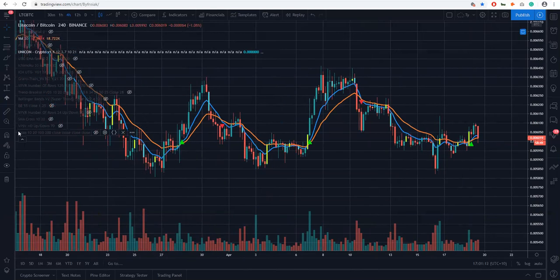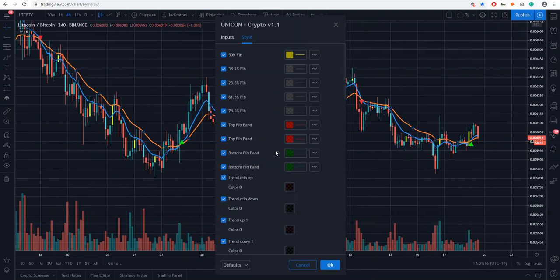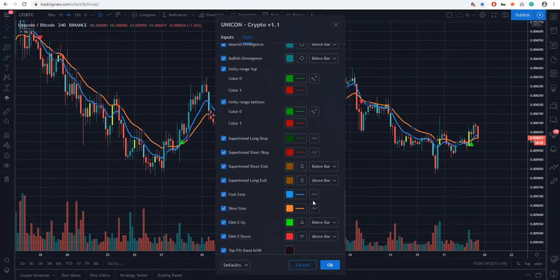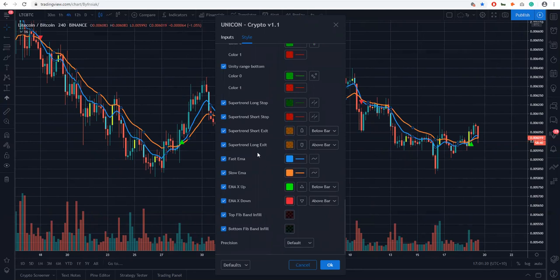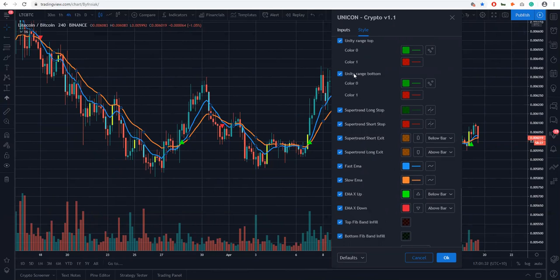So again, I'll just bring this up very quickly. We have our fast EMA and we have our slow EMA, and that's like our fast moving signal line and our slow moving MACD line, if you're looking at MACD.